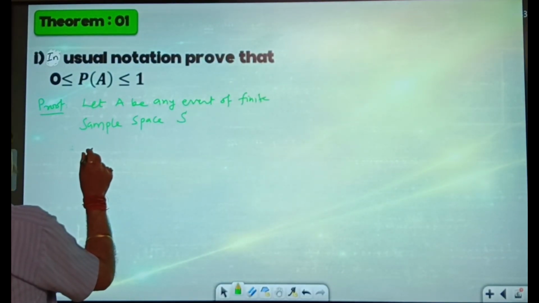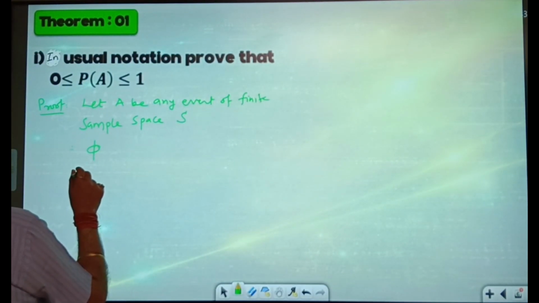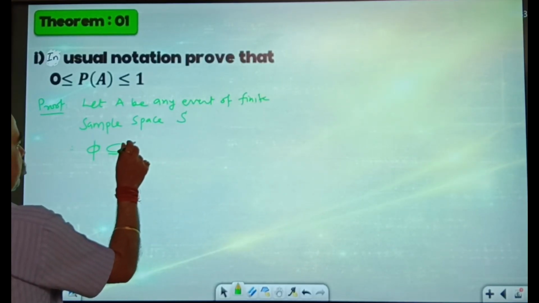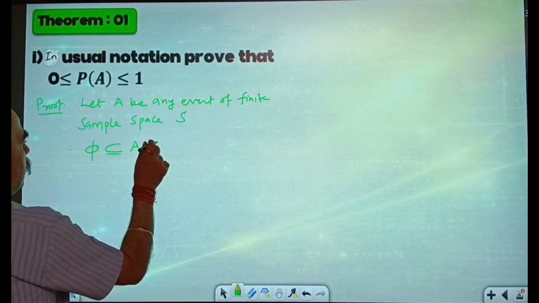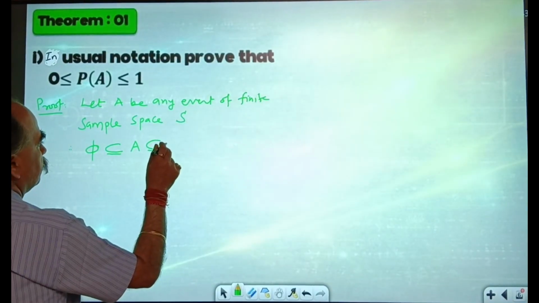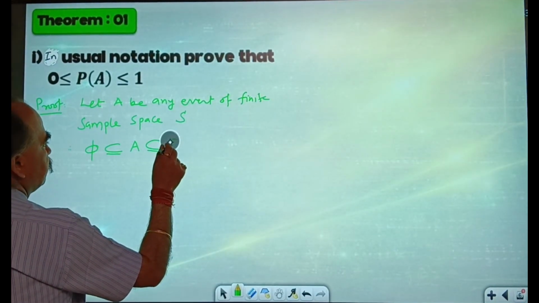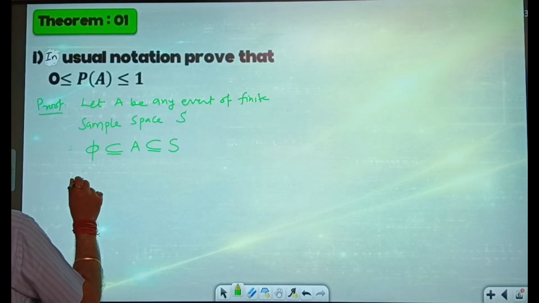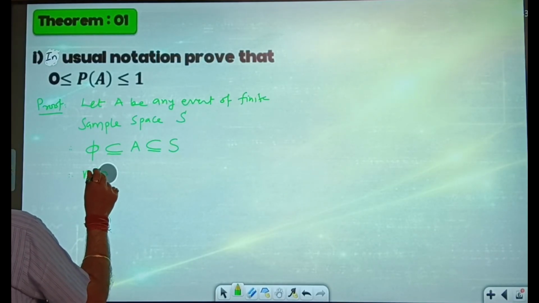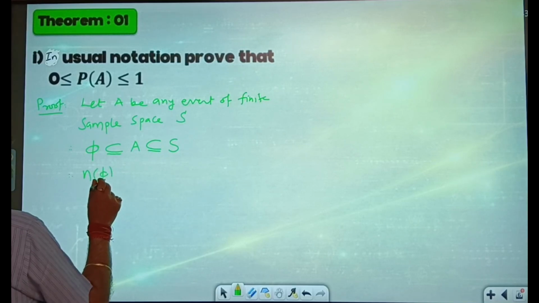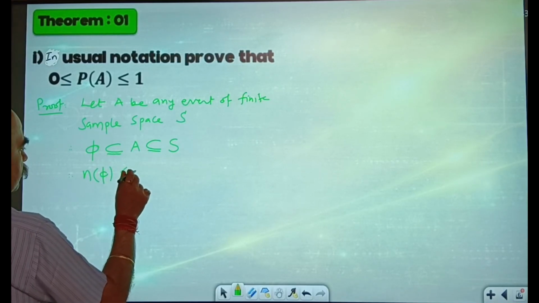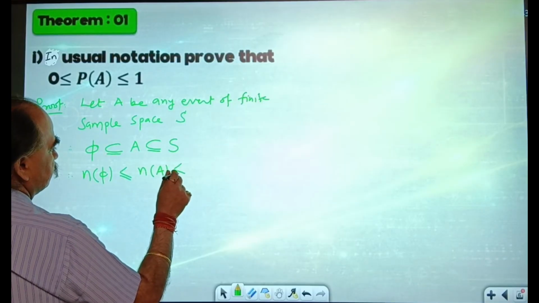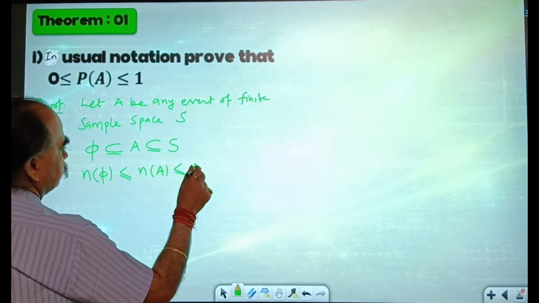Therefore, the impossible event, the empty set, is a subset of A, and A is a subset of the certain event S. So the number of elements in the empty set is less than or equal to the number of elements in A, which is less than or equal to n(S).